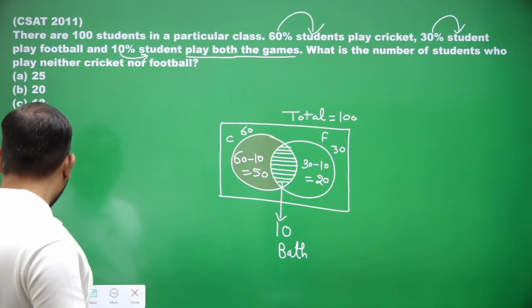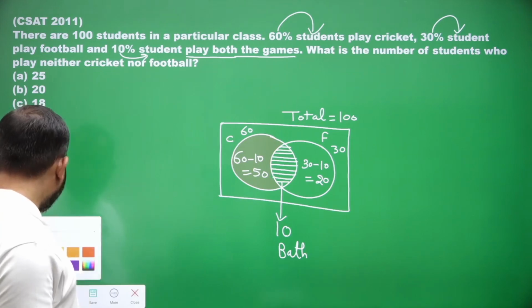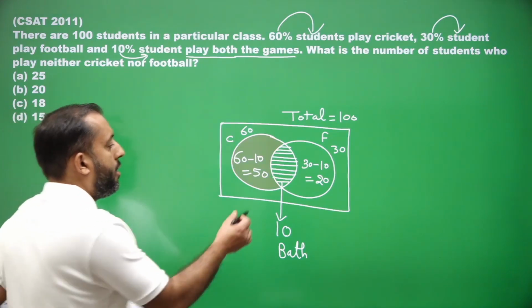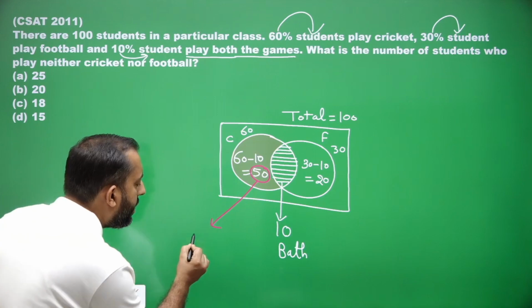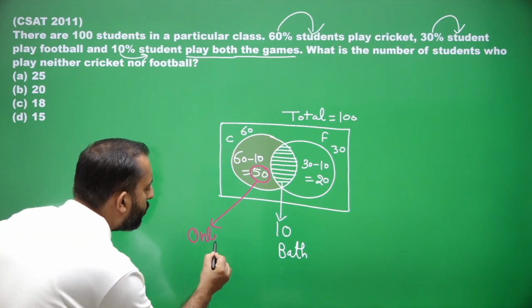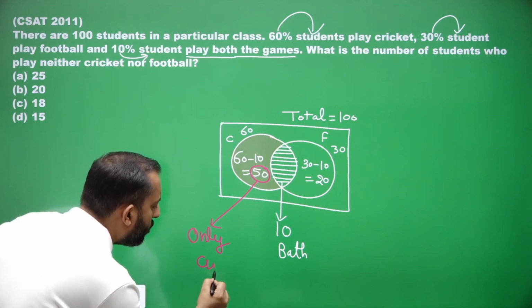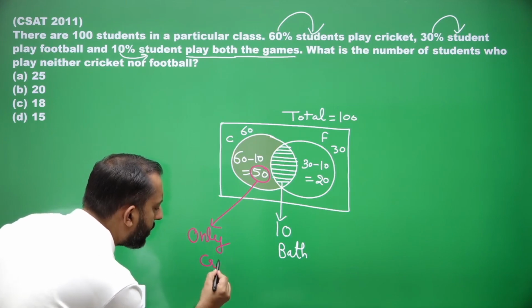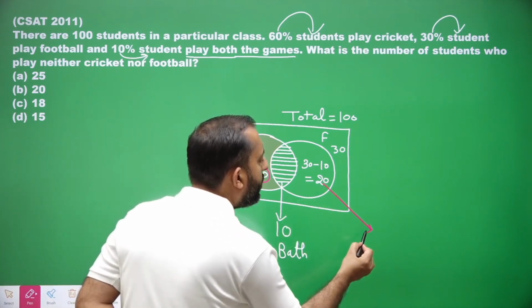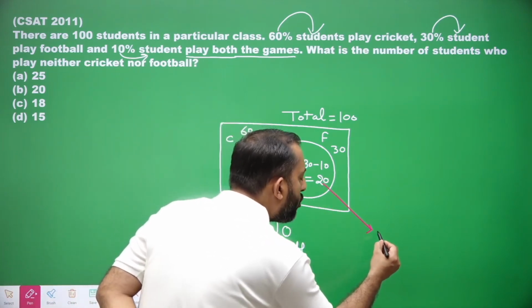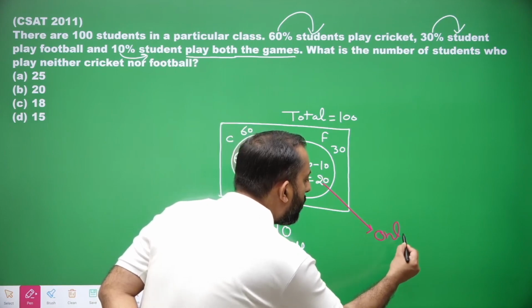Now, please pay attention to the next line. What does this 50 indicate here? 50 indicates the count of those students who play only cricket. And what does this 20 indicate here? 20 tells us about the count of those students who play only football.